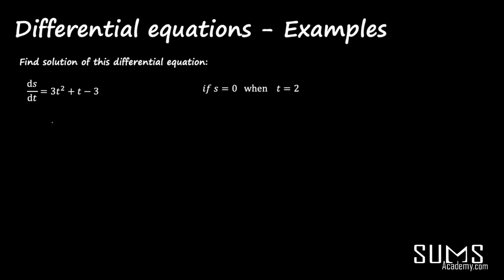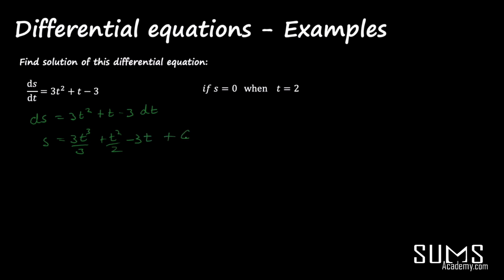Again, I want to write this as ds equal to 3t squared plus t minus 3 dt, and then I want to integrate this, so the d's disappear, and I'm left with s equal to 3t cubed over 3 plus t squared over 2 minus 3t plus c.